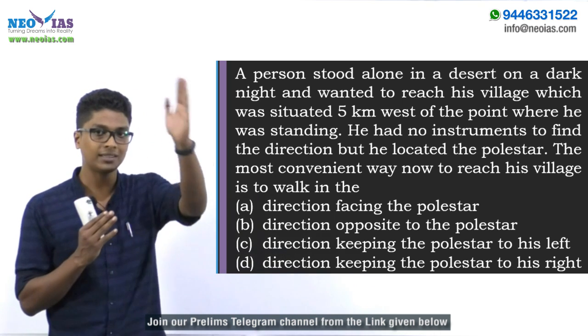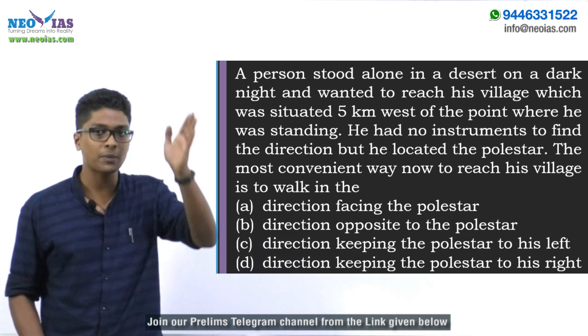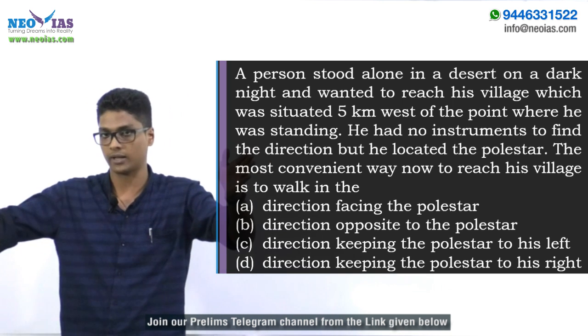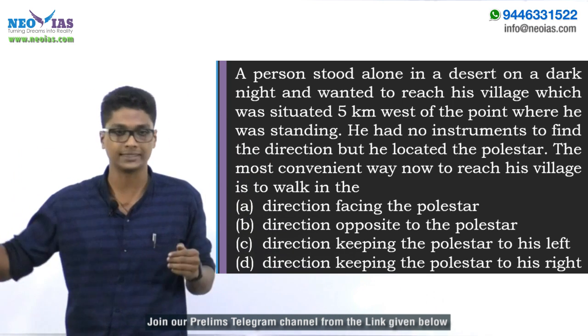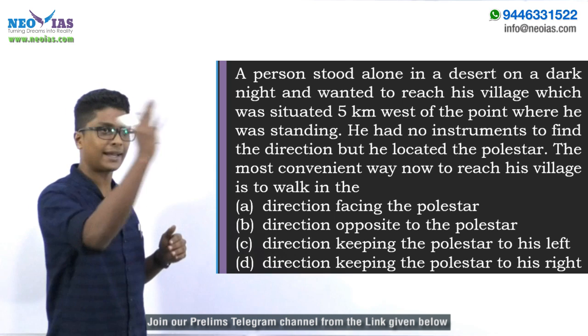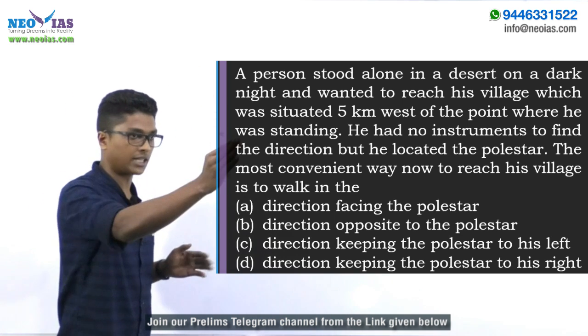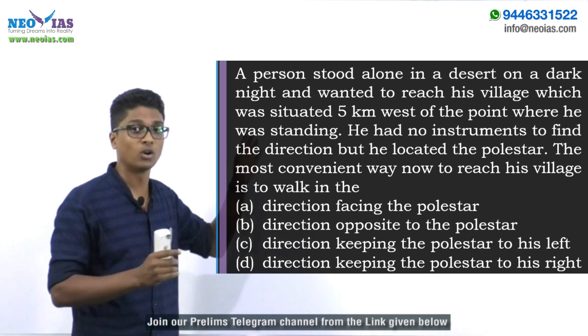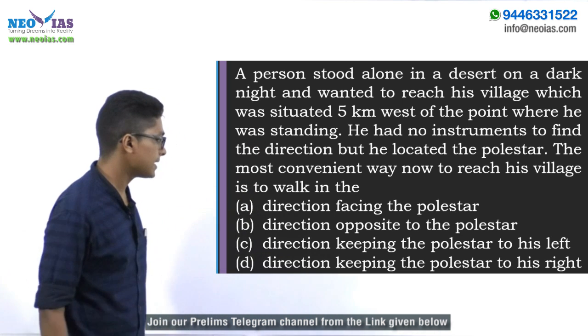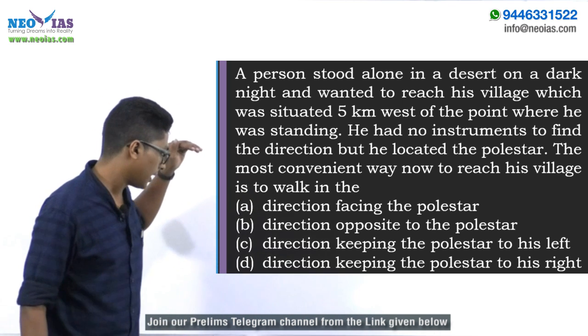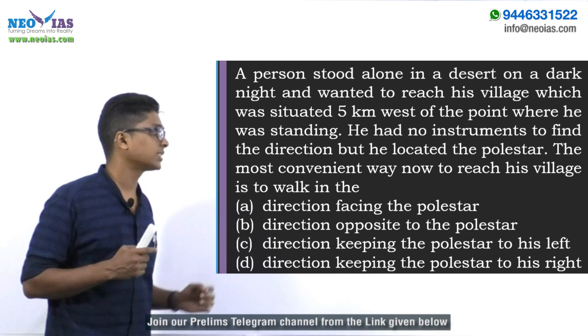If I keep my left hand towards the north and walk, I'll be walking towards the east. And if I keep my right hand towards the pole star and walk, I'll be walking towards the west. So the answer should come out as D, the direction keeping the pole star to his right.